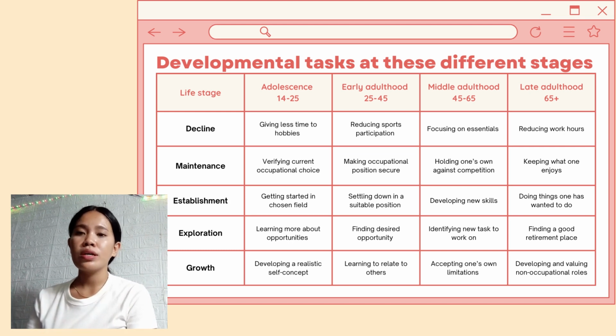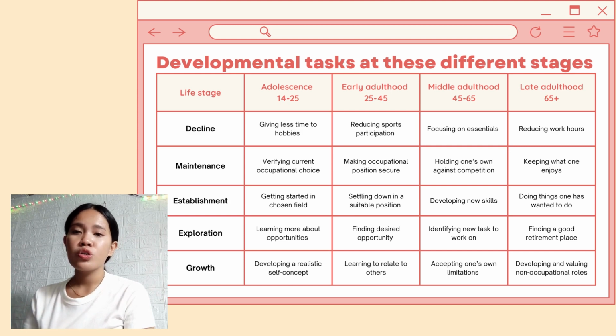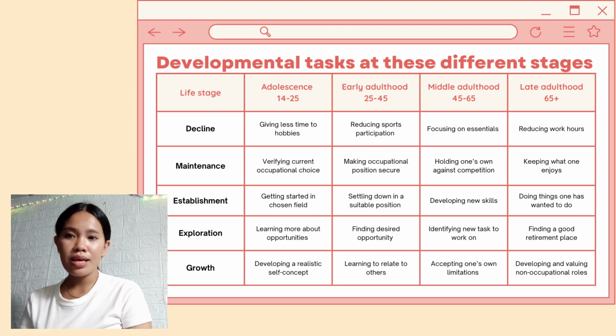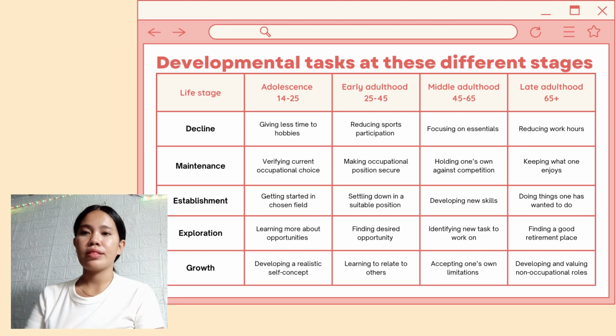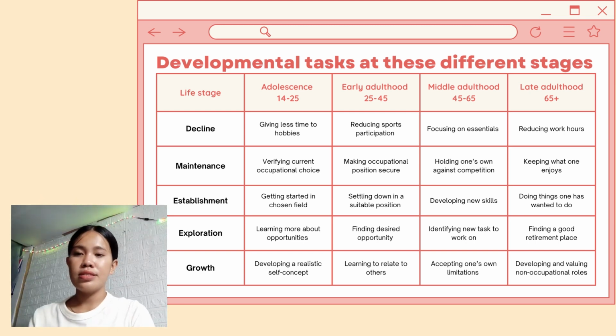So dito sa growth, we try out through classes, work hobbies, tentative choice, and skill development. Adolescence, developing a realistic self-concept. Early adulthood, learning to relate to others.